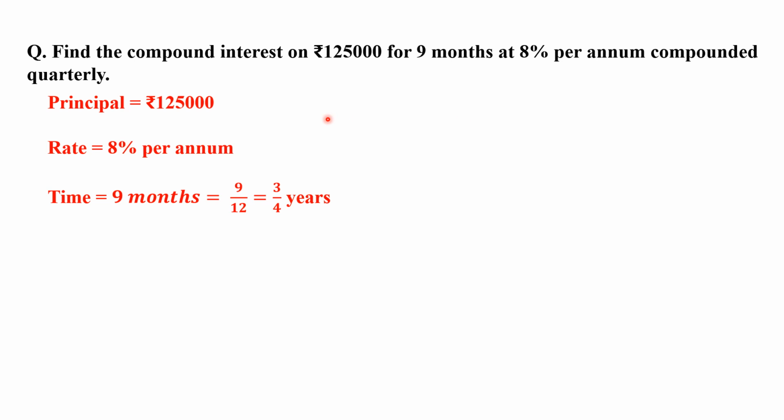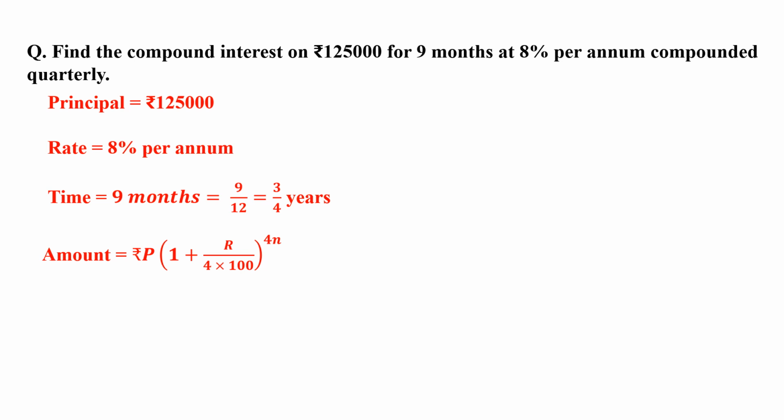Now it is given that the interest is compounded quarterly, so the formula will be P times (1 plus R by 4 into 100) whole to the power 4n. Now I'm going to put the values in.